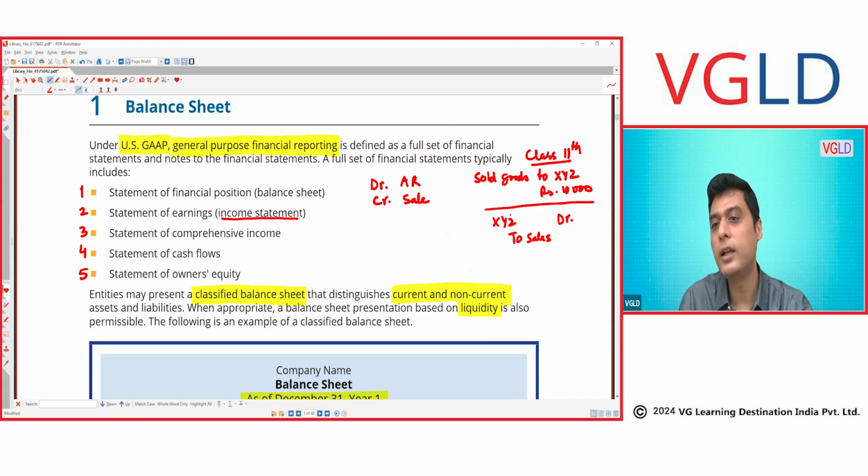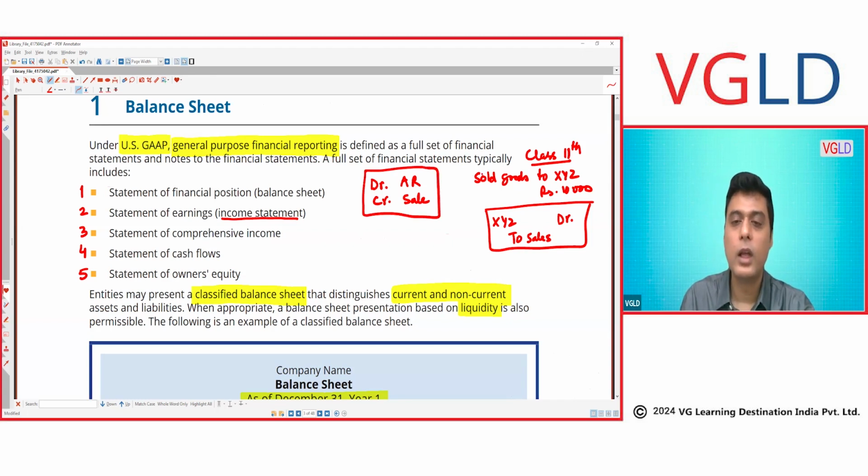This would be the entry that you will find over there. But in the US, in the CPA exam, if sold goods to XYZ is written $10,000, the entry would be debit AR, credit sale, $10,000.